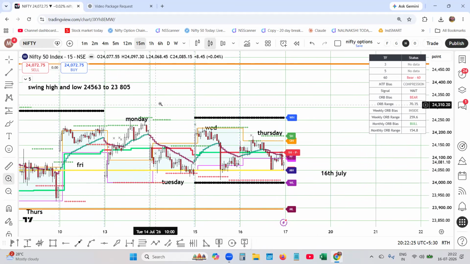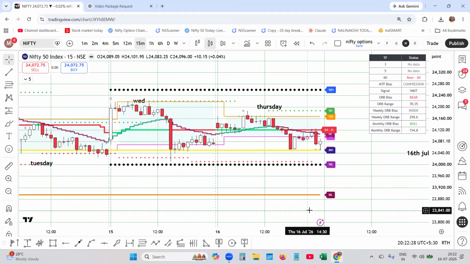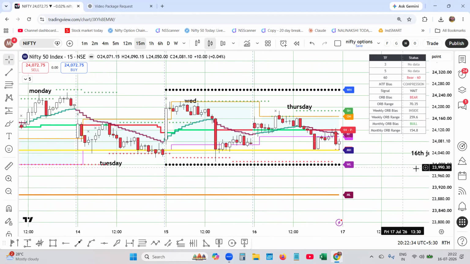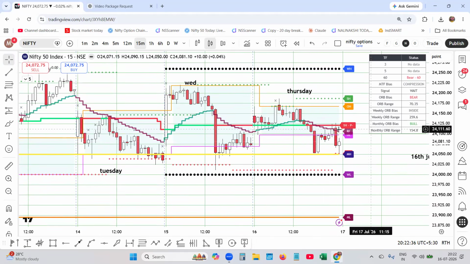Let me zoom it. This is the open range high and open range low. It has been labeled like this, open range high and open range low. What happened to the market?